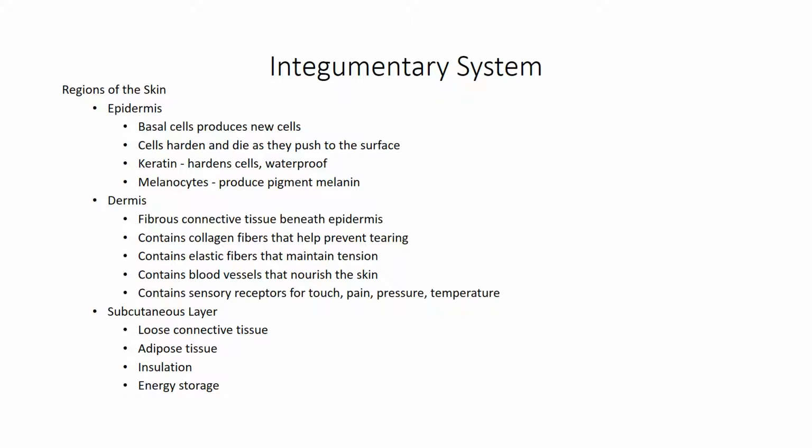It's got some blood vessels in it that will help nourish the skin and get nutrients out to the cells. It's also got a lot of sensory receptors for pressure and pain, helping you feel your clothes when you put them on, things like that. And then the subcutaneous layer has a lot of fat tissue in it, which is very important for energy storage and helping us not bruise as easily if you bump into something.